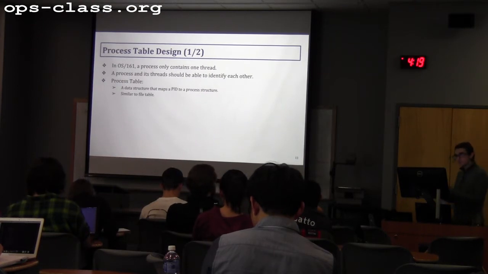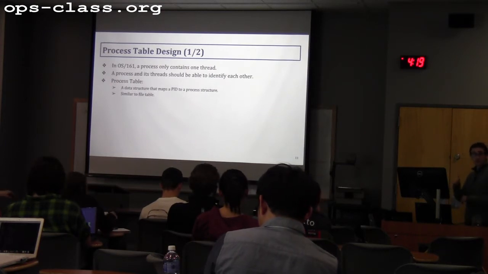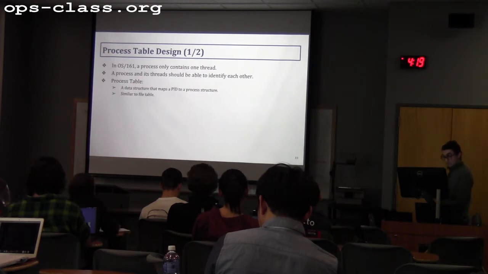So given a process PID, we should be able to retrieve the process structure. And also, a process and its thread should be able to identify each other. As we said, keep in mind that in OS 161 every process has only one thread. And each one of them should be able to identify the other.